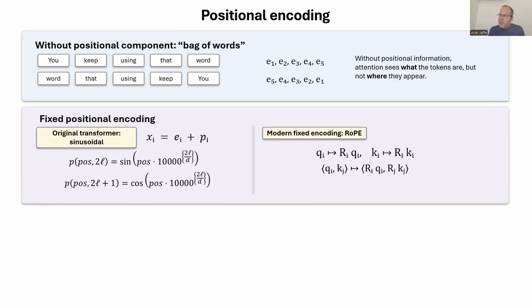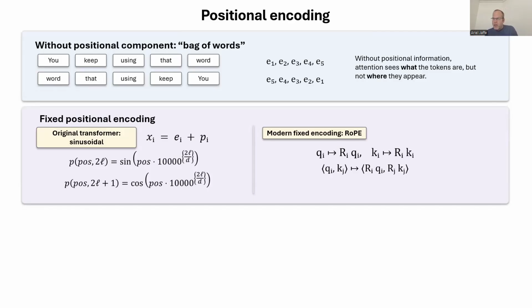Another idea, which is more modern, is that the representation is not created by an additive component P_i, but by a rotation matrix R_i. The main idea is that the difference between this operation for two positions is a function of their distance.